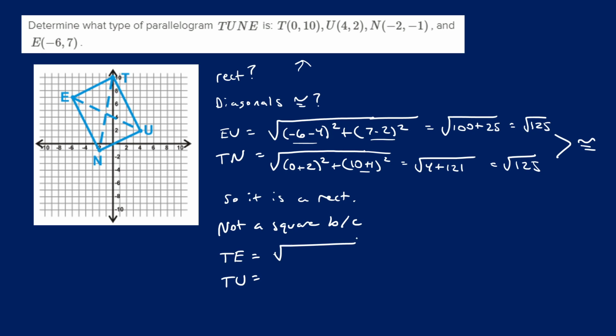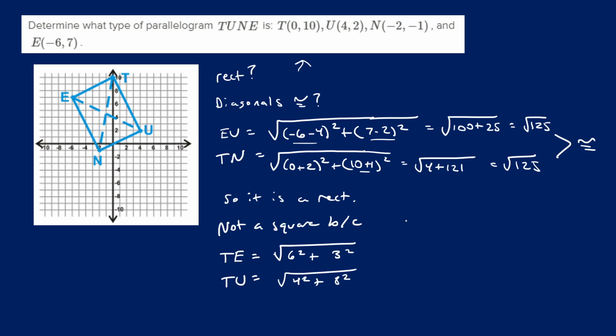TE is going to be 0 plus 6, so 6 squared, plus 3 squared. And then TU would be 0 minus 4, so 4 squared, and then 8 squared.